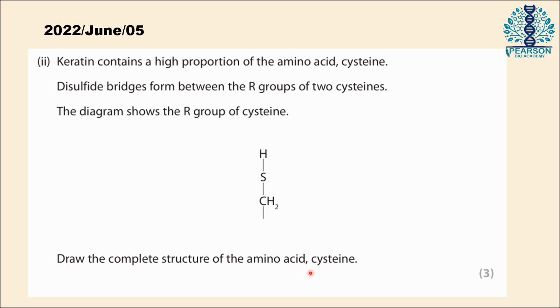The context provided mentions that keratin contains a high proportion of the amino acid cysteine and disulfide bridges form between the R groups of two cysteines, and the diagram shows the R group of cysteine. So the key idea here is that they might provide the R group and ask you to complete the structure of the amino acid. Therefore, it's important to understand and memorize the common parts of an amino acid structure.